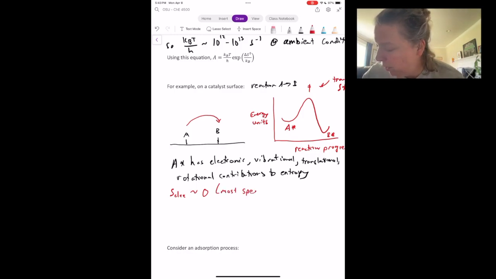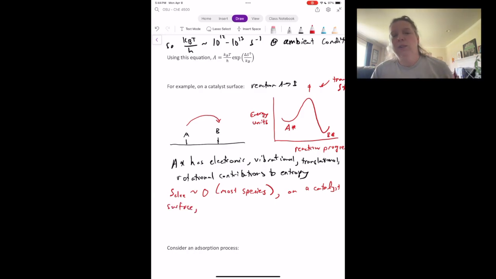That's true for most species. On a catalyst surface, we can say two things. We can say that species A is fixed, and therefore it has limited translational and rotational entropy. We could also say that species A and the transition state have similar translational and rotational entropies because they are both fixed to the catalyst.